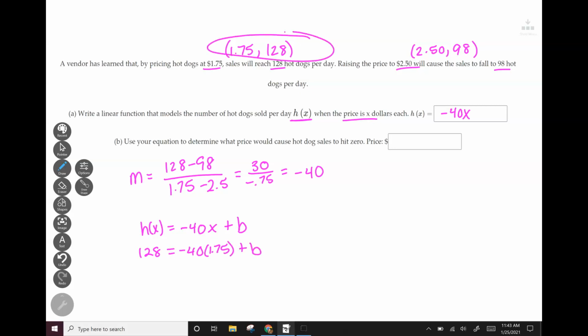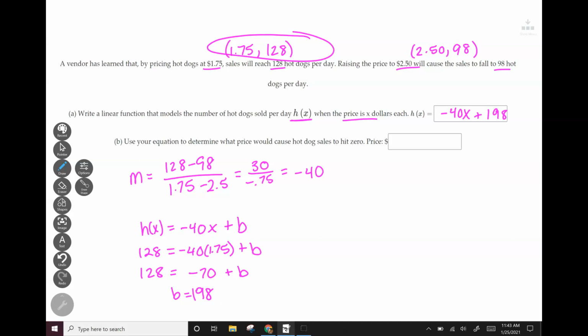So I just plugged in this point, and now I can solve for b. So negative 40 times 1.75, that gives me negative 70. Add the 70 over. 198. So your y-intercept is 198.